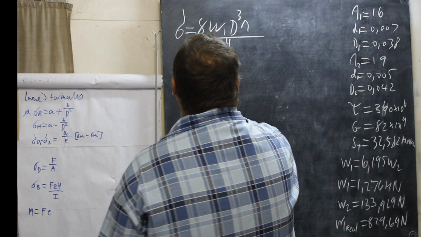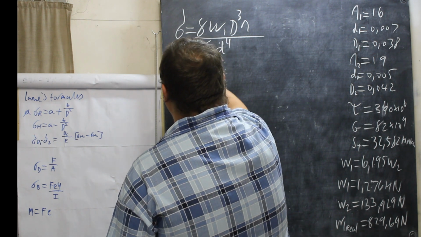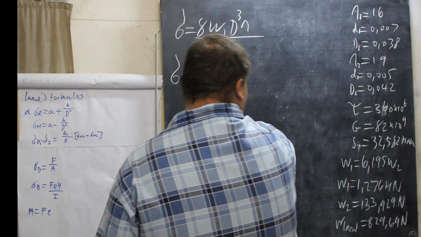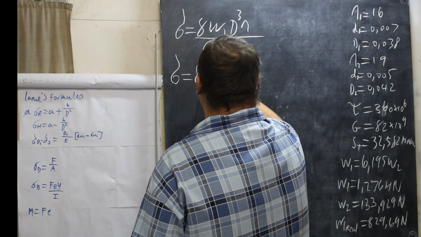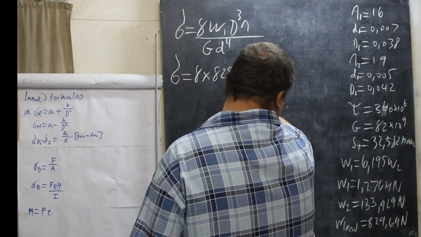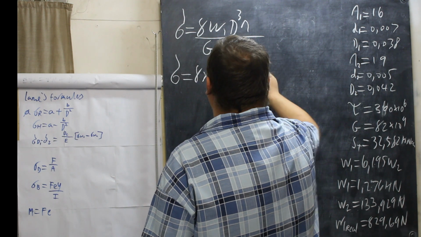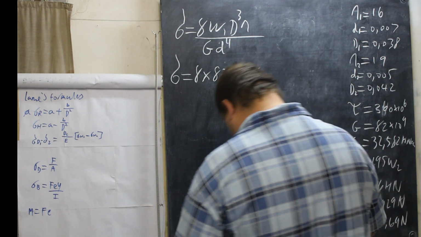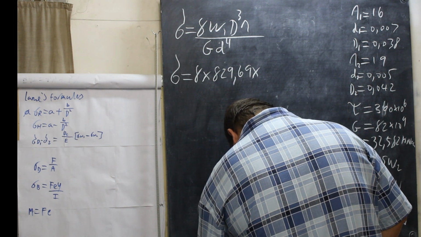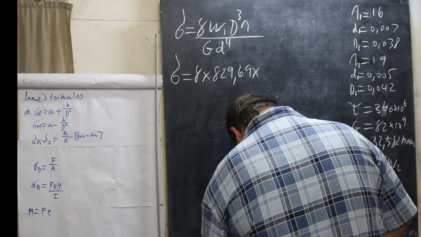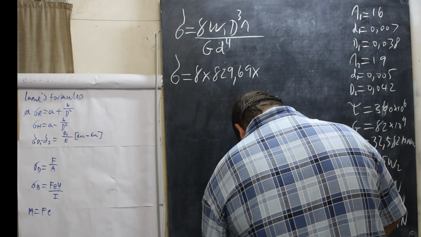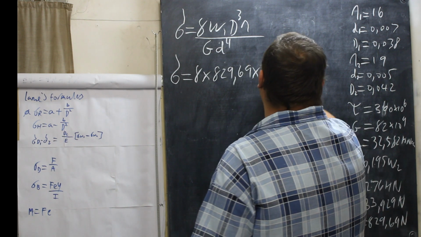Okay, so deflection equals 8 times 829,69 times, now this is deflection, it's only in spring 1 because the deflection is exactly the same. We can use any one of the springs. So we'll use number 1.